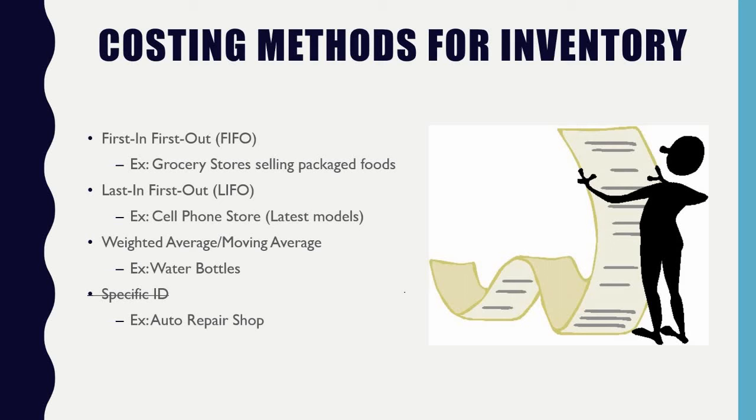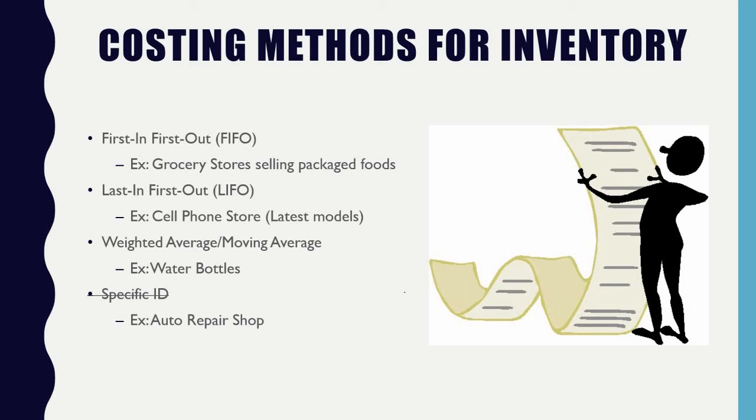Last in, first out, right? That one can be applied for most companies that are in the works of electronics, right? Cell phone companies, hardware stores, right? Even electronic stores. Because usually the latest model is the first to go, because obviously everyone's very hyped up about the latest model.